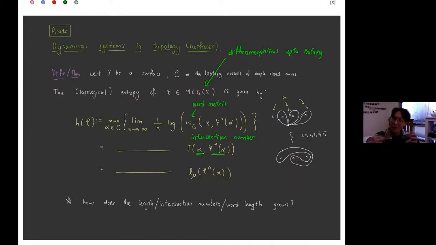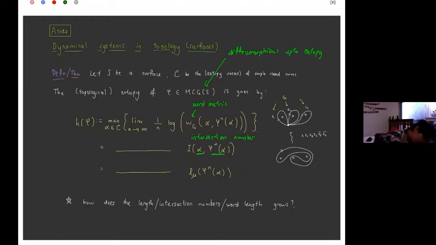And again, because all the curves are just up to isotopy, all that you're doing is computing the intersection numbers up to the minimal one. So you try to isotope it so that the number of intersections is the minimal one.